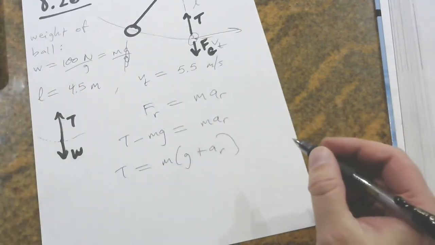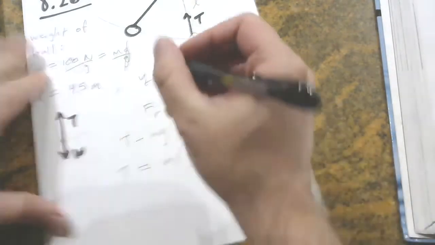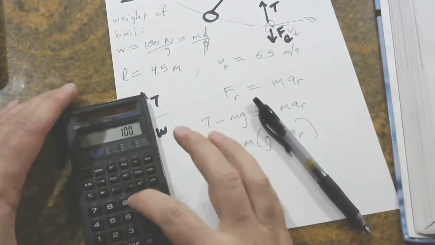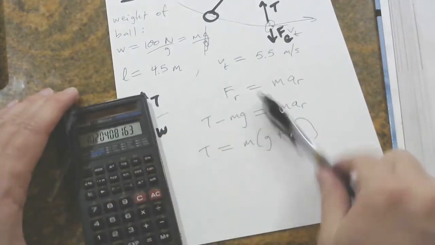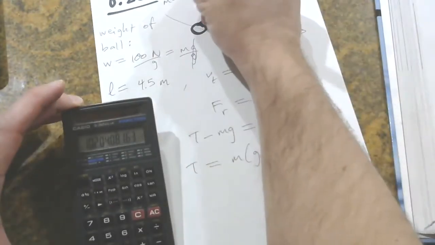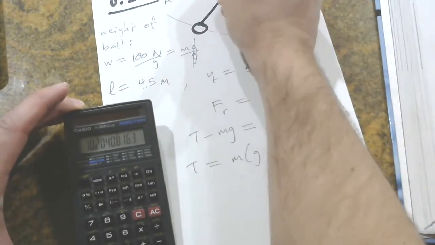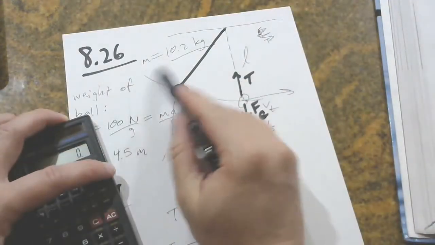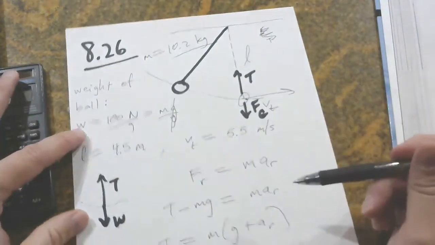We kind of have to. So the mass here, I'll just take that 100 newtons and divide by 9.8 newtons for every kilogram to find that the mass is 10.2 kilograms. I'm sorry, you couldn't see that up here. 100 divided by 9.8 is 10.2 kilograms.